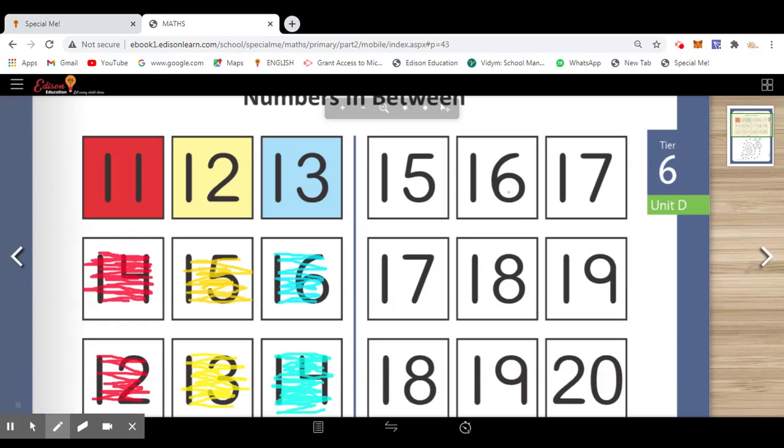So now tell me which number comes before 16. 15 comes before. So here we will fill red color. 16 comes in between. So here we will fill yellow color.